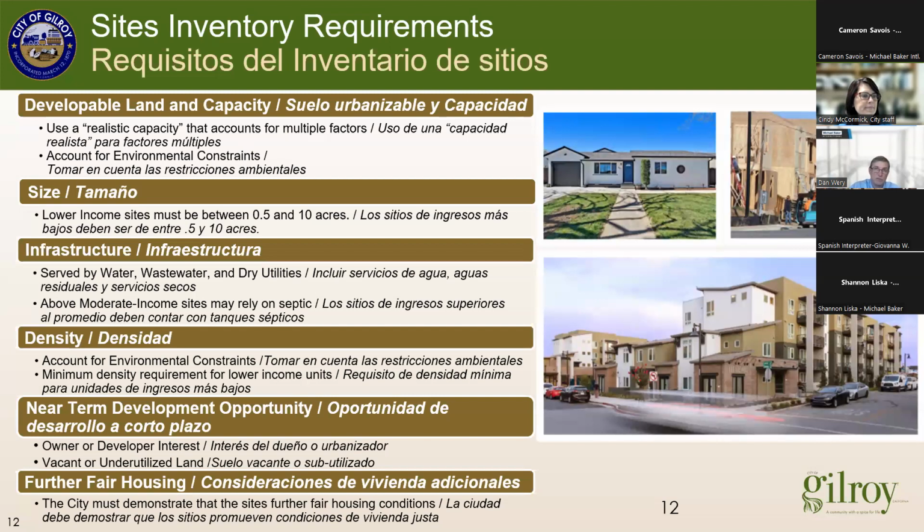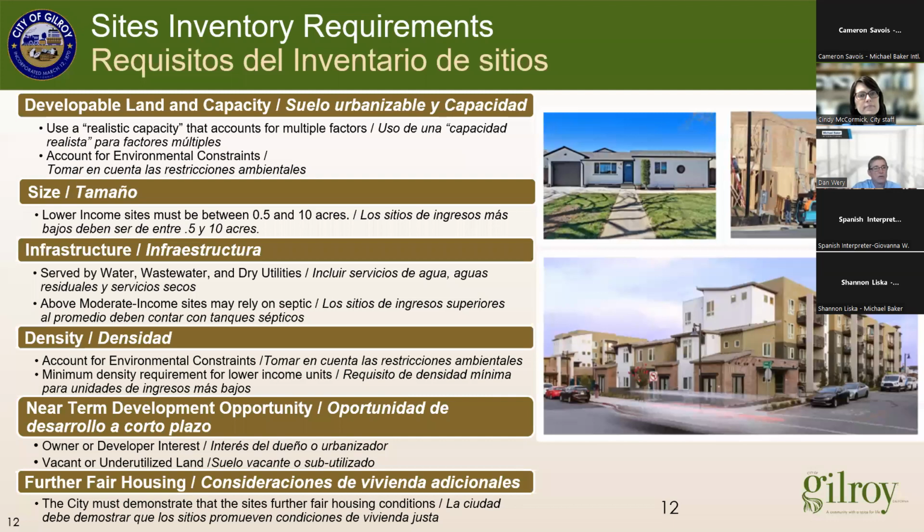What the state assumes is that if we've got dwelling units at densities of 30 dwelling units per acre, that satisfies those lower income household categories. It's assumed that if you meet that density, we can provide affordable housing.